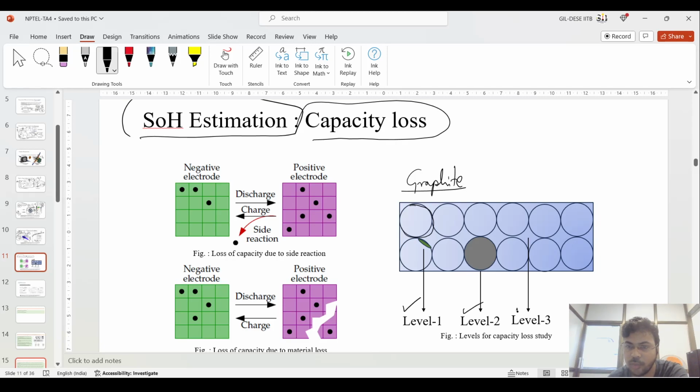So for this SOH estimation, there are certain levels of capacity loss study: level 1, level 2, level 3. Level 1 is such that you first study the surface, the surface-based atomic level. Then you go deep into the intercalated area.